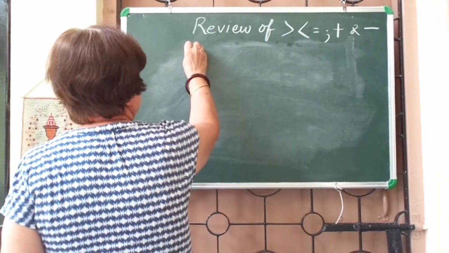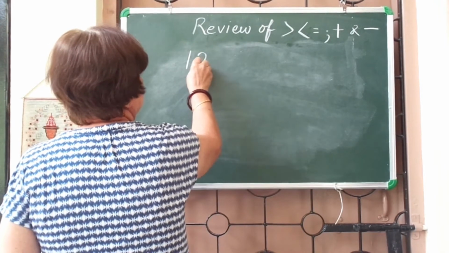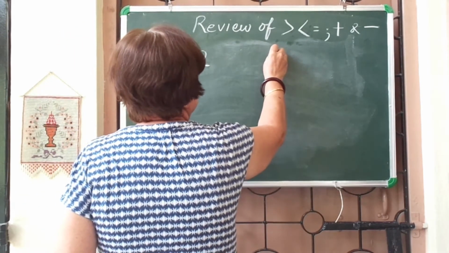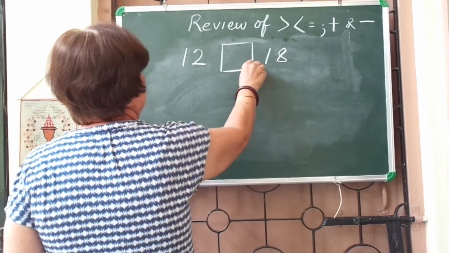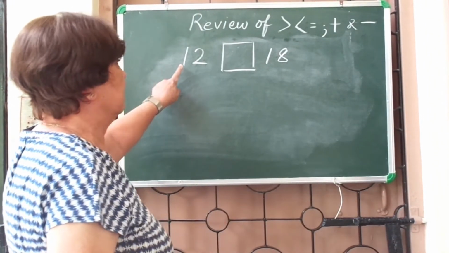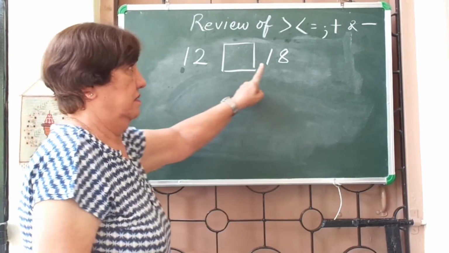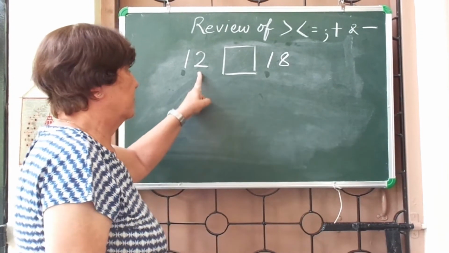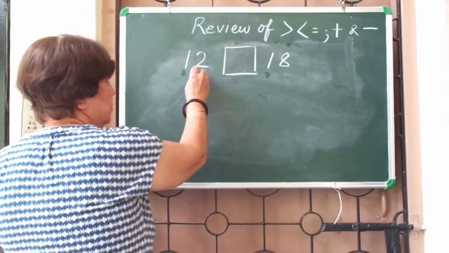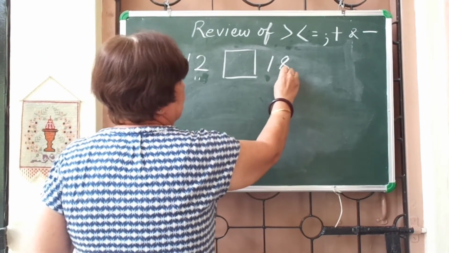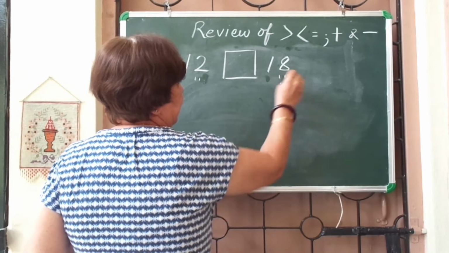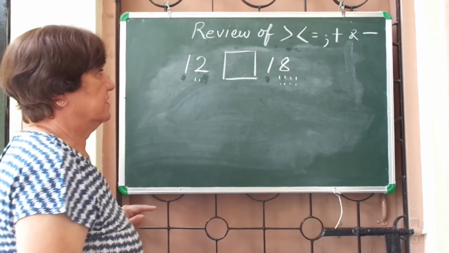Supposing this number is 12 and this number is 18. Here again I look at the first number, this is 1 and this is 1. Then I go to the second number, this is 2, so I'll put 2 dots, this is 8, 1, 2, 3, 4, 5, 6, 7, 8 dots. Now let's look at this.